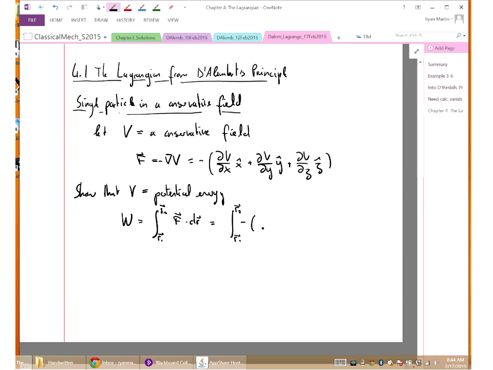Now I can plug in my force vector, so that would be minus ∂V/∂x x-hat plus ∂V/∂y y-hat plus ∂V/∂z z-hat, and then that's dotted with dr. And so if I write dr in Cartesian coordinates, that would be dx x-hat plus dy y-hat plus dz z-hat.